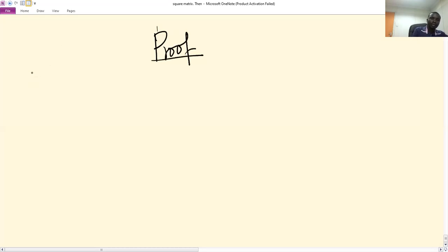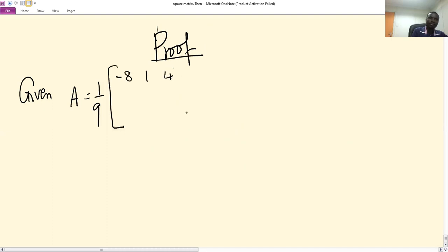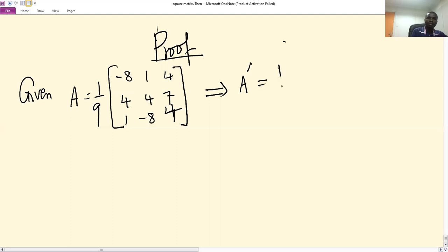We are given that A is 1/9 times the matrix -8, 1, 4; 4, 4, 7; 1, -8, 4. The transpose of this matrix still has the scalar 1/9.